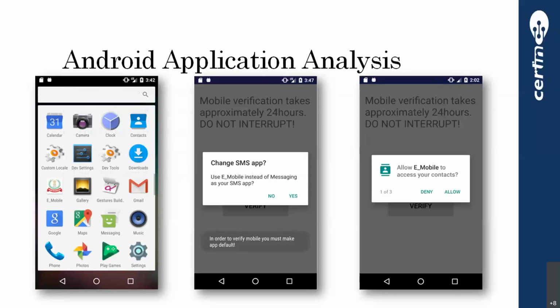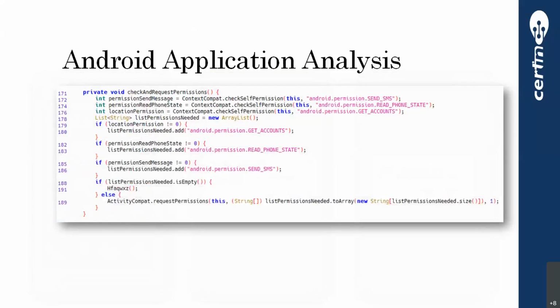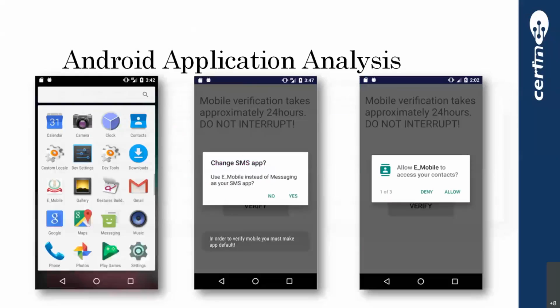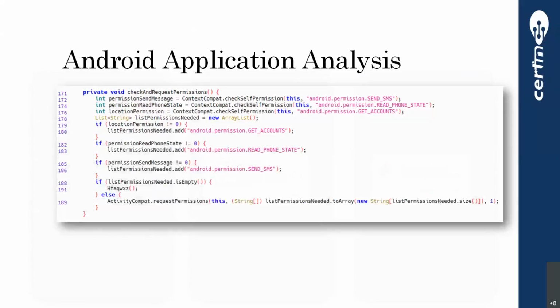Once you grant this permission, it will ask you for permission to access your contacts, it will also ask for reading your SMS messages, and for reading all the accounts inside your device.